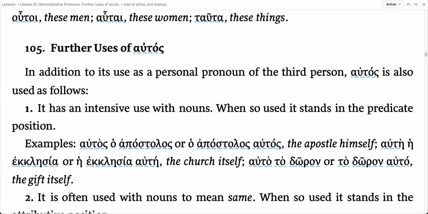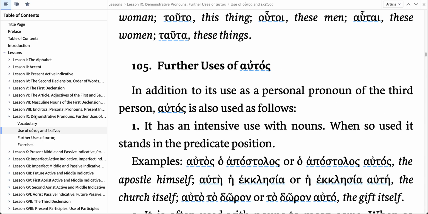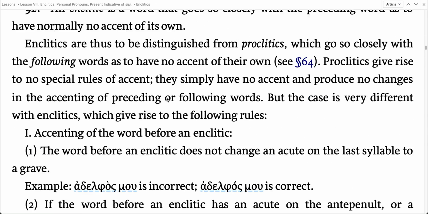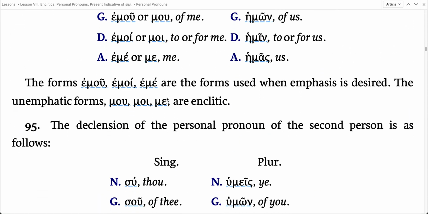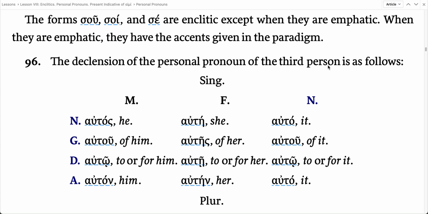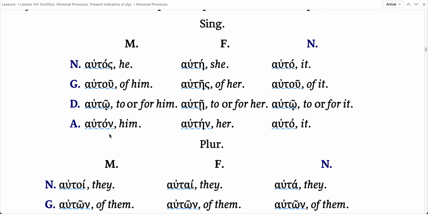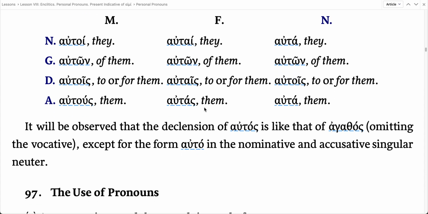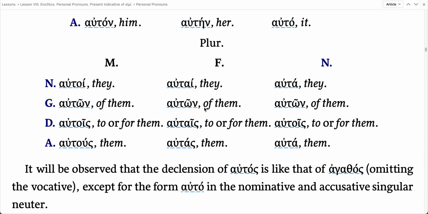That was in lesson 8, just the previous lesson that we had. This is the declension of the personal pronoun, third person. So you have αὐτός, αὐτή, αὐτό, and that's the singular. Then you have the plural, and you just want to be aware that that can be a pronoun.